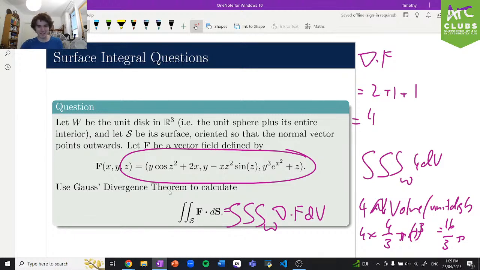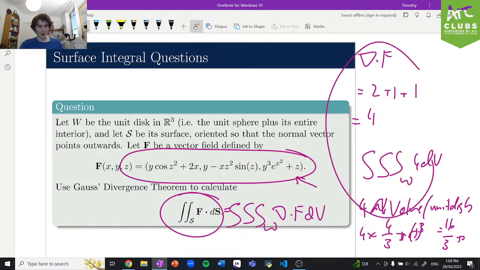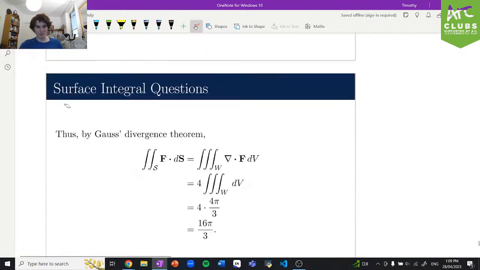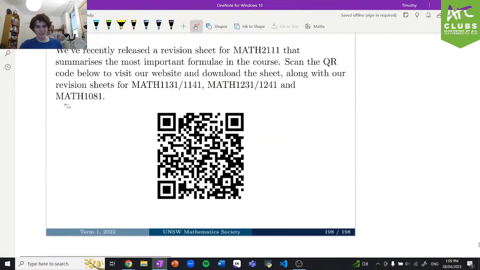What I wanted to show you here is that we had this really gross surface integral with this really gross function, and I smashed that out in like 2 seconds, because of Gauss's divergence theorem, which is very exciting.